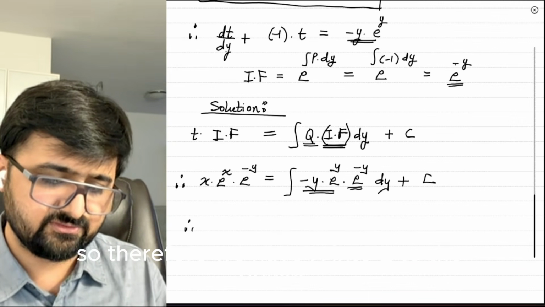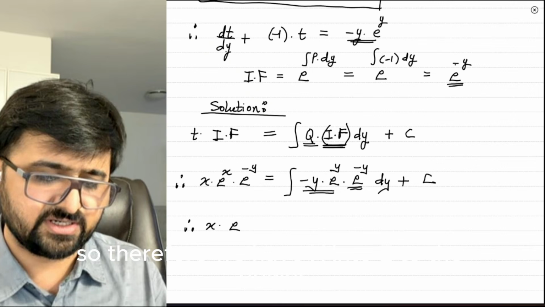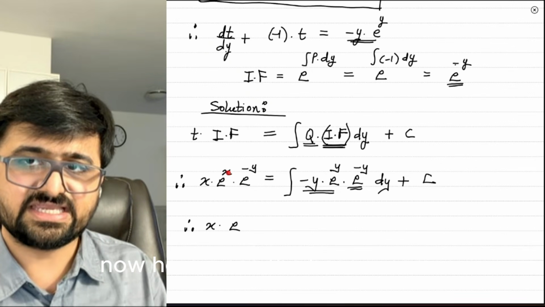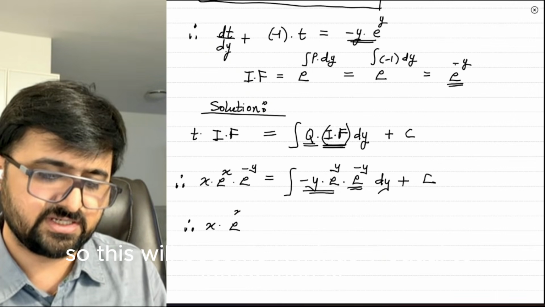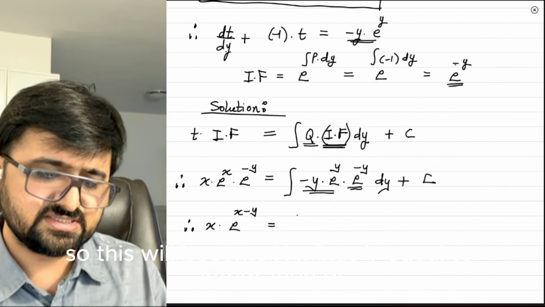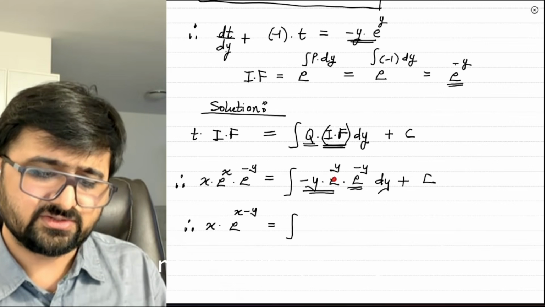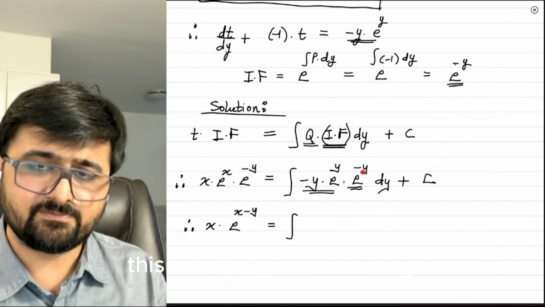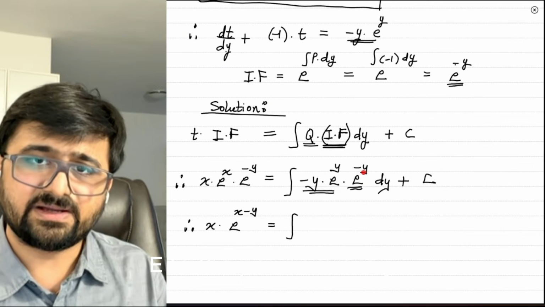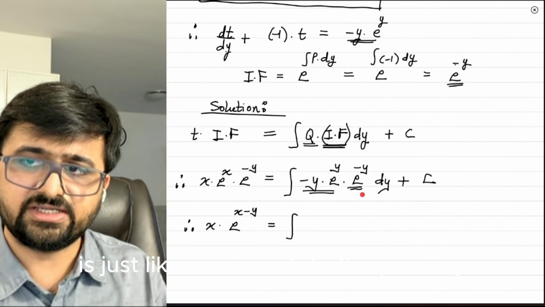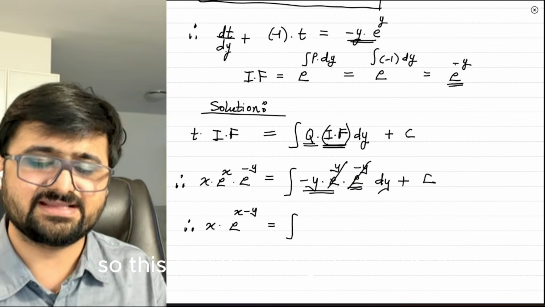All right, now let's just quickly write it down. So therefore, we have x into e to the power... Now here, since the base is same, the power will get added up. So this will become x minus y is equal to integration of... Now e to the power y, this e to the power minus y. So e to the power minus y is just like 1 over e to the power y, so this and this will get cancelled.